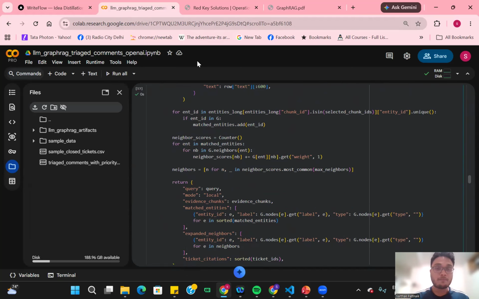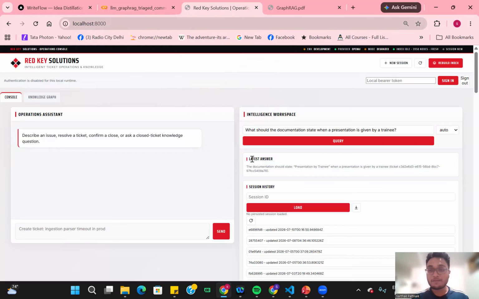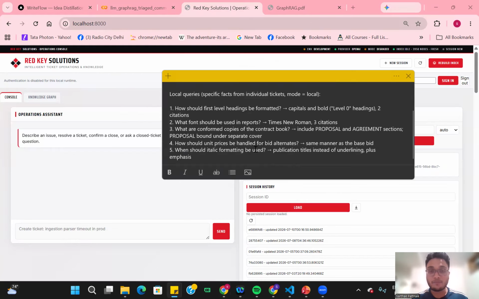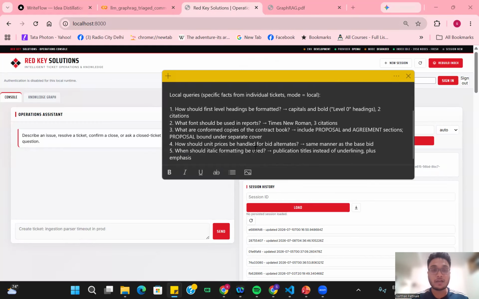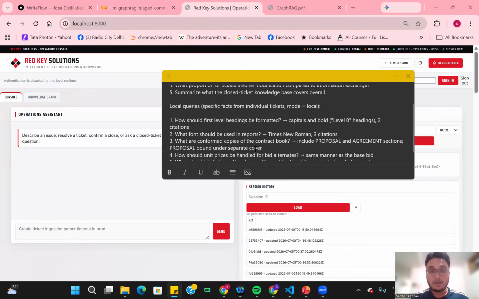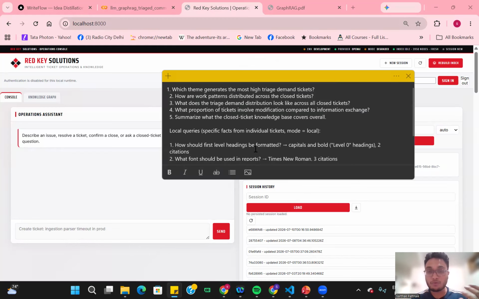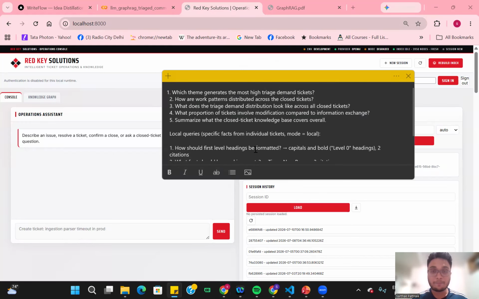Just to close the loop here, you will have a scenario like this wherein, for example, this is a triage dashboard. I can have a whole host of both local and global queries that I can give to my triage bot to extract specific information.